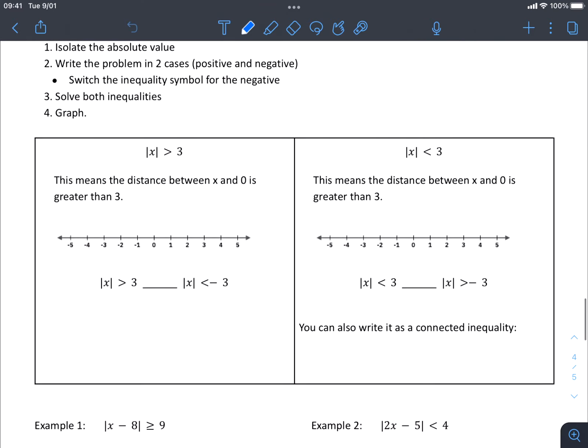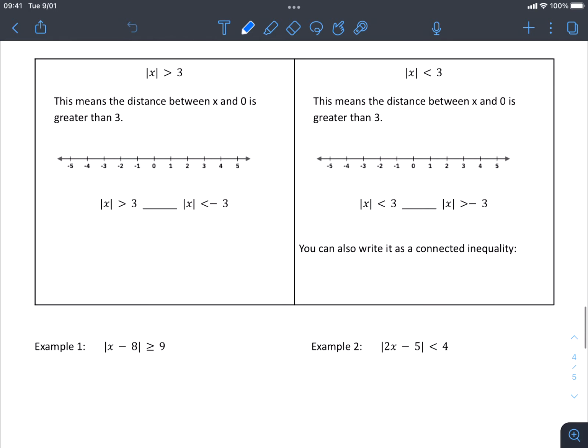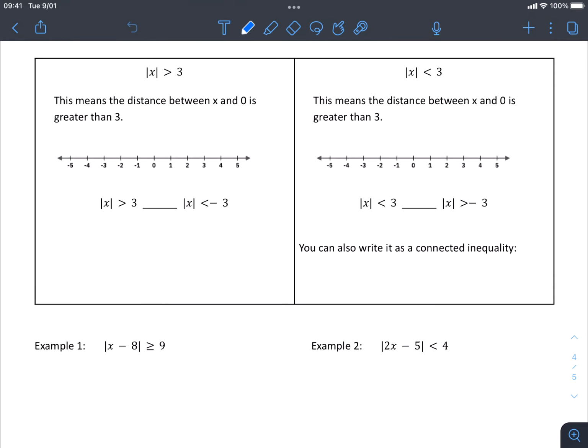Now, in these two boxes here, it gives us a general idea about what absolute value is and how it applies to inequalities. If you remember that absolute value means distance from zero, you can see that in the box on the left, it says the absolute value of x is greater than 3.